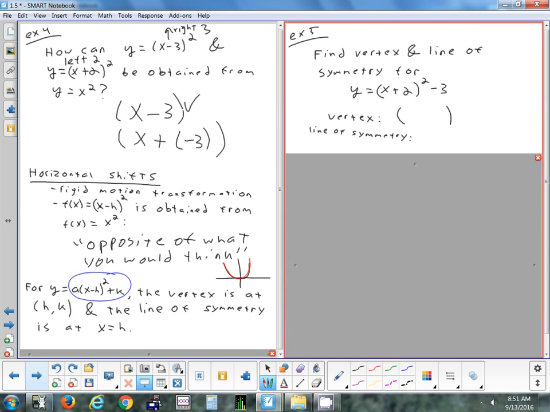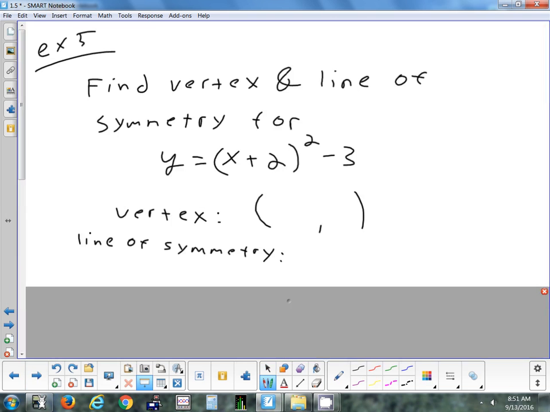And what's my line of symmetry? x equals what number? Negative 2. Yeah, x equals negative 2. Because I shifted this entire graph left 2 units. So the vertical line of symmetry also goes left 2 units. Okay, any questions on that?